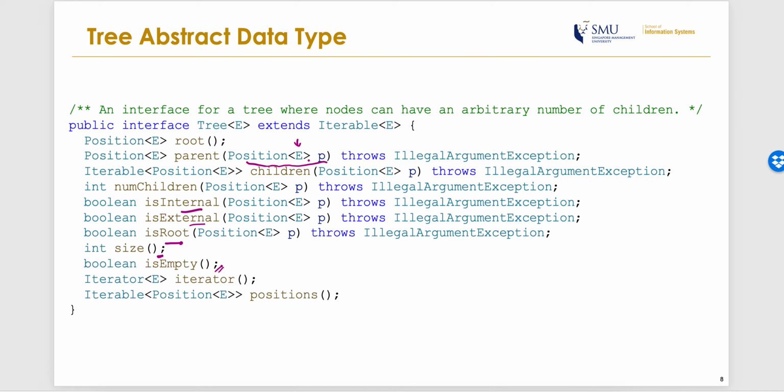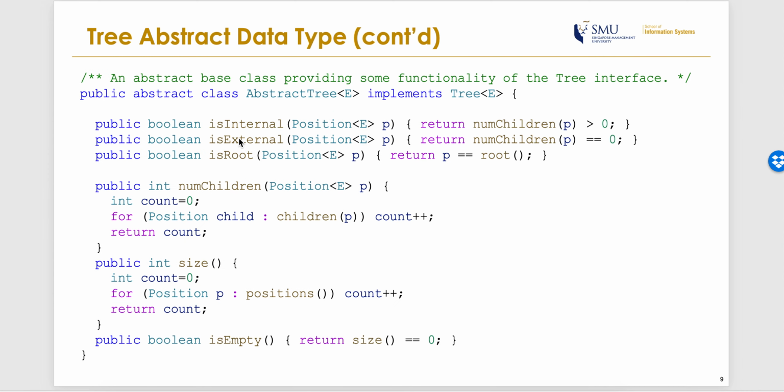So the element here can be of any type, but it should be a consistent type within a tree. All right, so you have the parent of a particular node, you have the children of a particular node, and then you can ask what is the number of children that a node actually has. Now, there could be some partial implementation of that, and that is given by the abstract class here with a number of implementations.